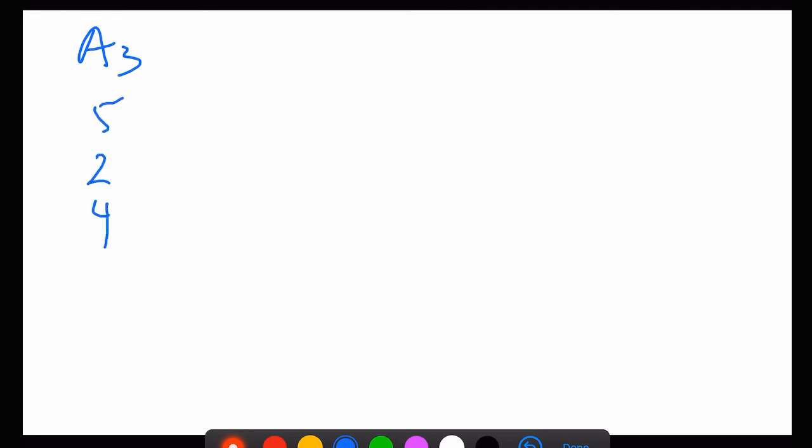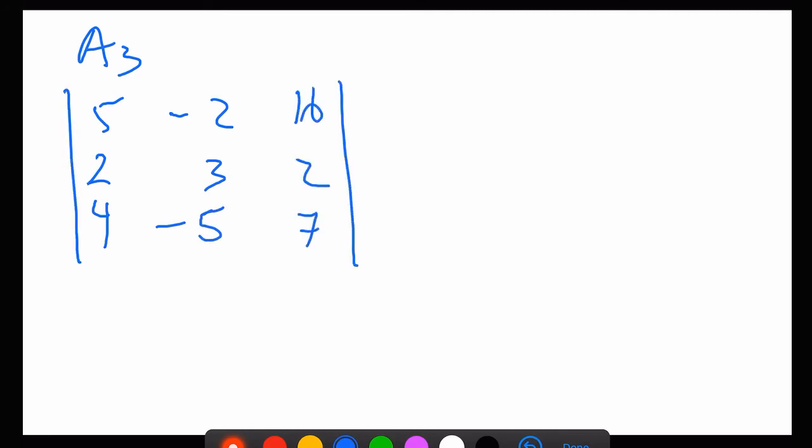A3, 5, 2, 4, minus 2, 3, minus 5, 16, 2, and 7. Okay? The determinant of that is 5. And if you just want me to write all this stuff out because I have to, here we go.